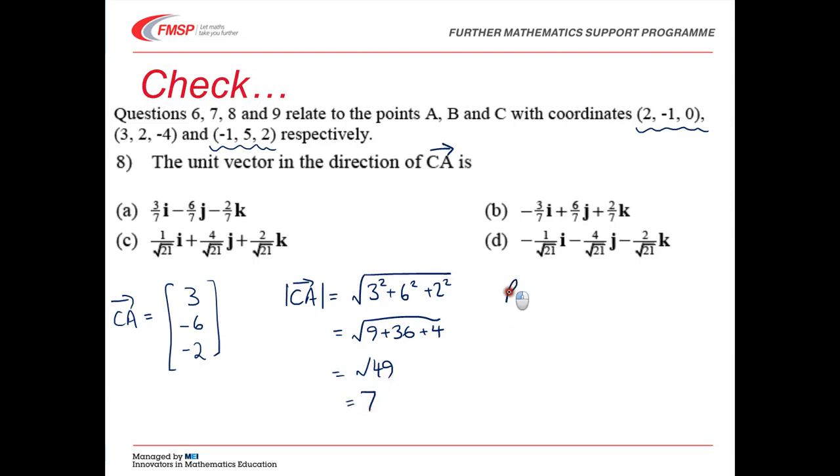And therefore the required vector is 1/7 of (3, -6, -2), which is 3/7 in the i direction minus 6/7 j minus 2/7 k. And that's A.